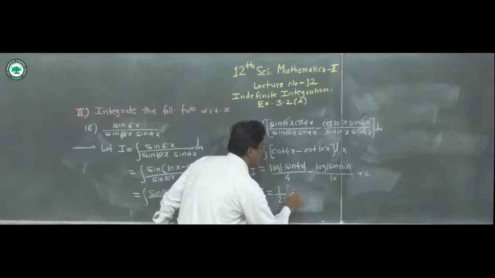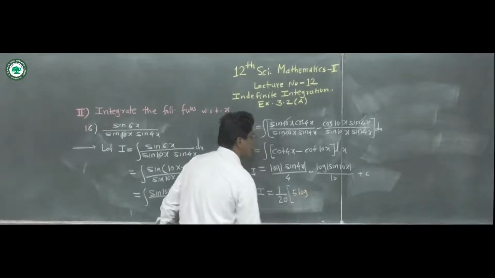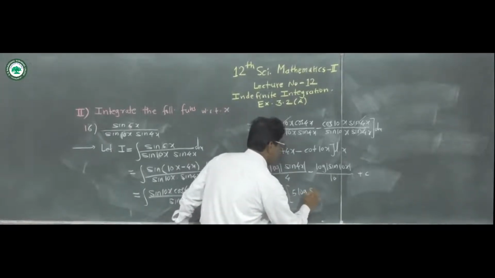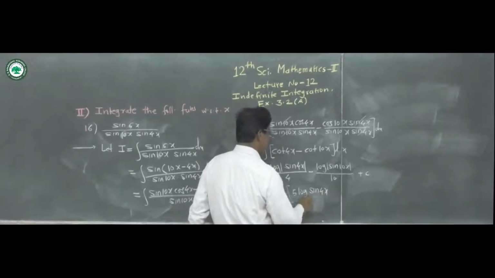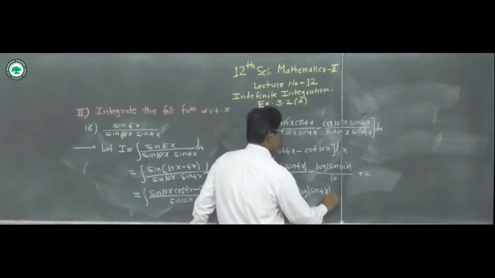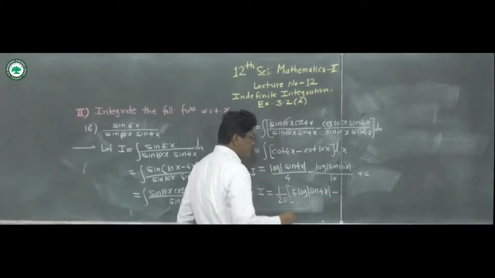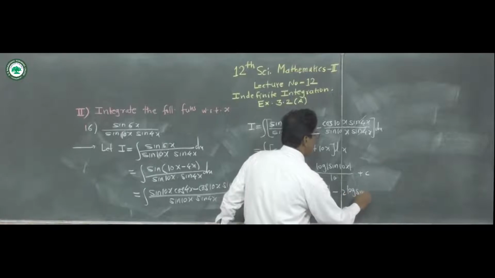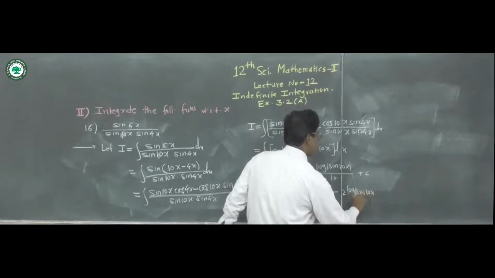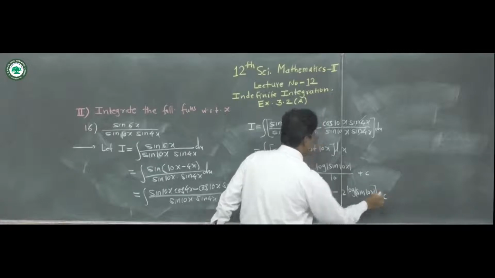So 5 log of sine of 4x, minus 10 2s are 20. So 2 log of sine of 10x and plus constant of integration.